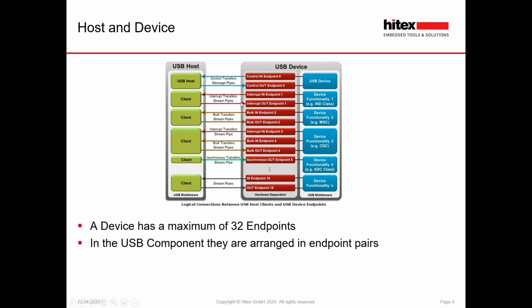Within the Keil software, they are bundled together, so we have pairs of pipes which are set up to make a bidirectional pipe. The specification talks about unidirectional pipes. In the software, they're bundled together to make a bidirectional pipe.